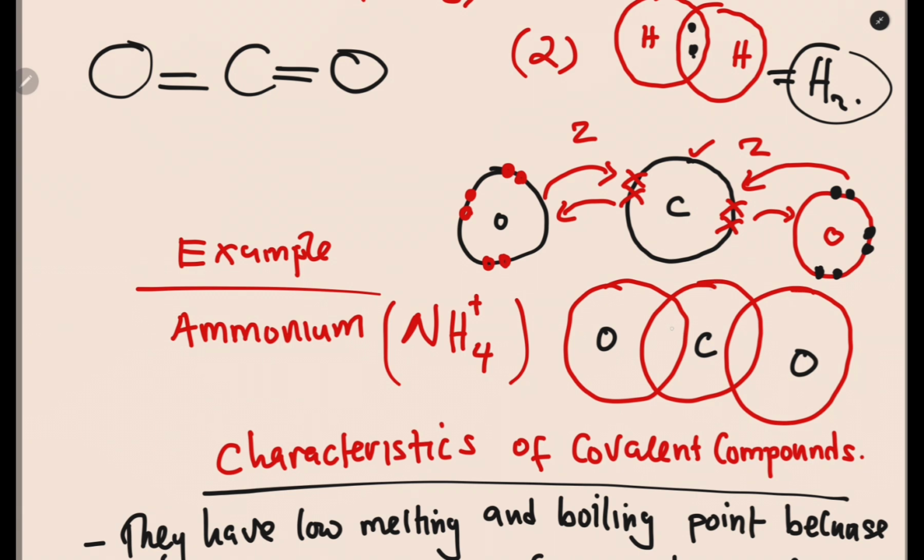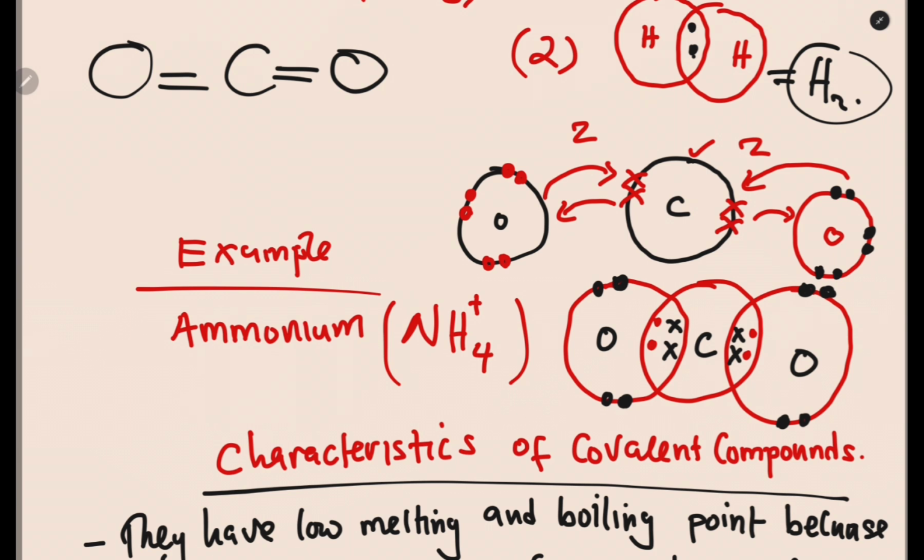Carbon is going to share 2 on this side, and also 2 on the other side. Oxygen is going to share 2, and also this side is going to share 2. But remember, oxygen remains with 4 on this other side, and this one also remains with 4.